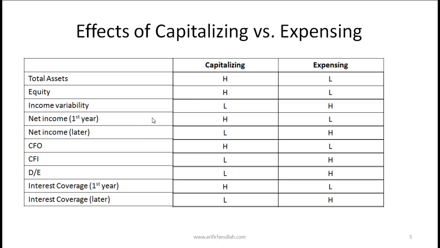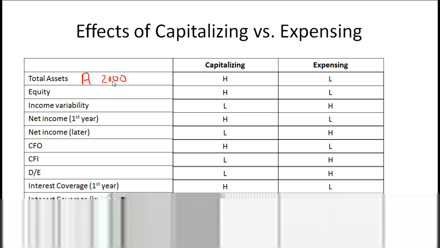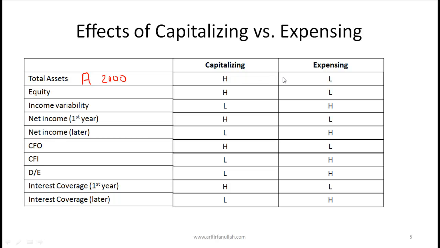Now this table that you see here is from the context of two companies. One capitalizes, one expenses, and they are similar in all other respects. So let's look at what happens to total assets. Since capitalizing creates an asset, extra assets. Let's say that you spend $2,000 on a new asset. The capitalizing company initially will increase their value of assets by 2,000, whereas the expensing company will simply show that entire 2,000 as an expense in the income statement.